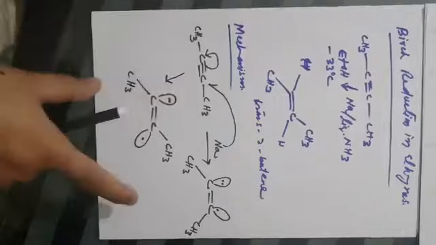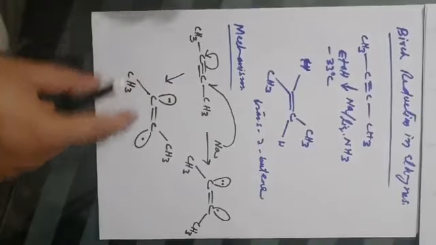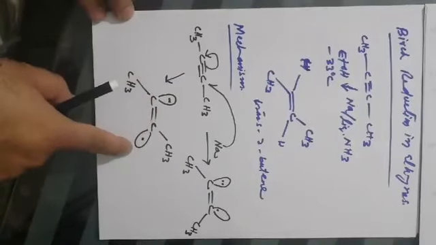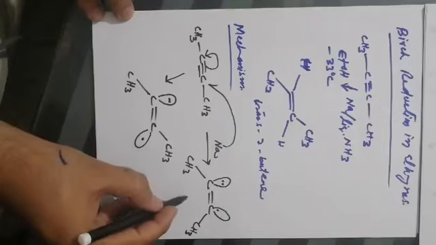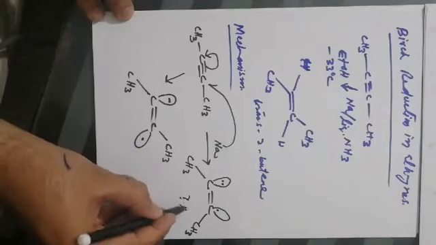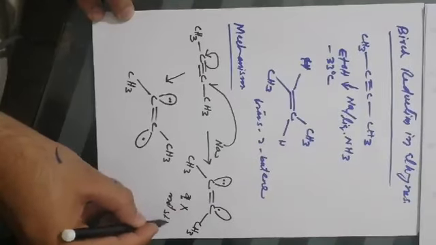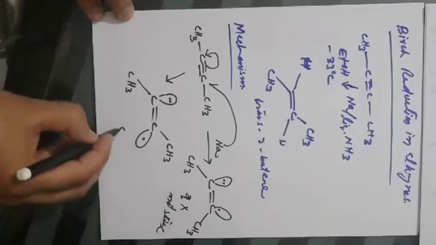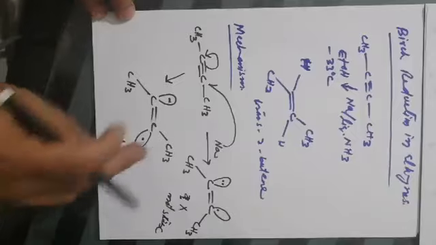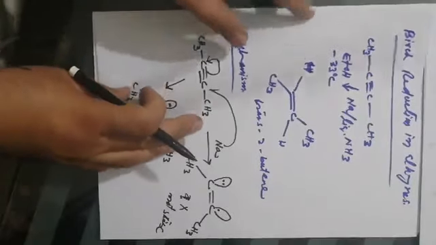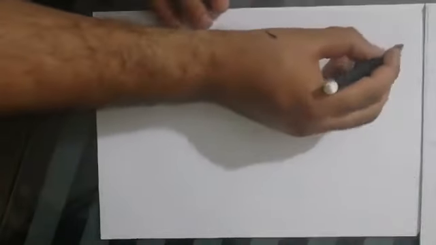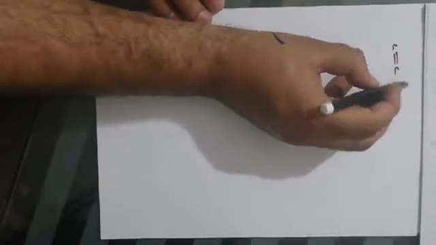They are in the opposite direction. There is minimum repulsion between them. So the other will not be formed, not stable. This is more stable. So it will react further. So what will happen?